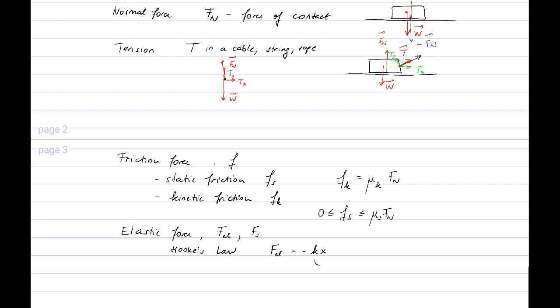The k is the coefficient, is the spring constant, sorry, which is specific to the size of the spring, whatever material the spring is made of, things like that. And x is a displacement from the equilibrium of the spring. The negative sign has to do with the fact that the elastic force is a restoring force.